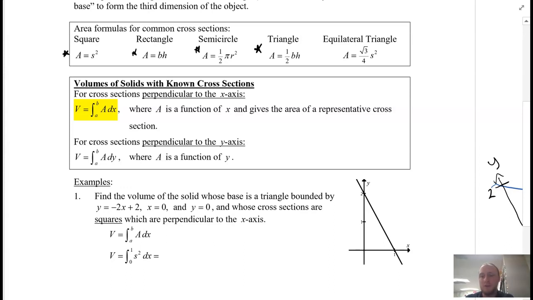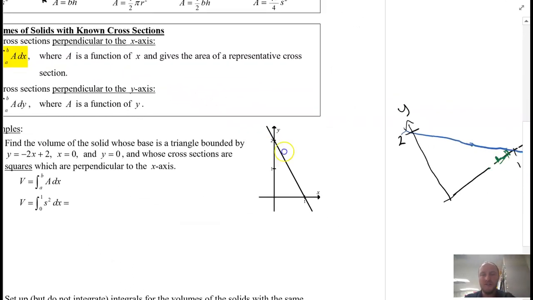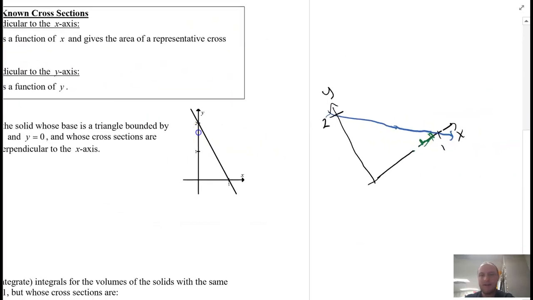Okay, so how do we calculate the volume of a solid with known cross sections? What we're going to utilize is the integral. I'm going to accumulate the area of an object, and we have a couple of different approaches. I want to show you an example first, then I'll come back to this.